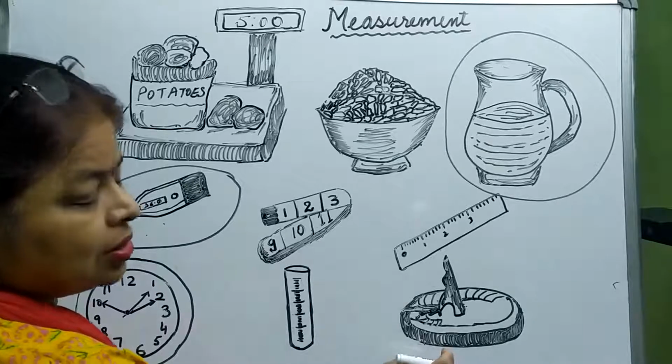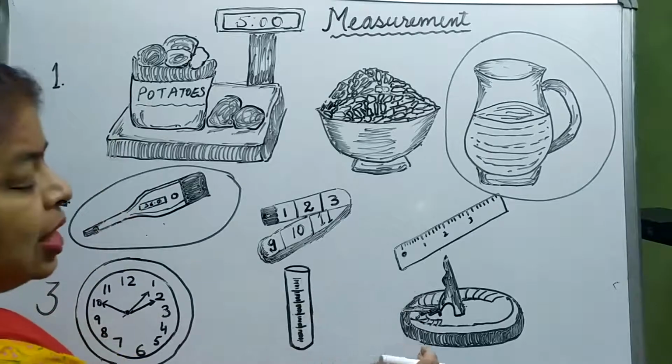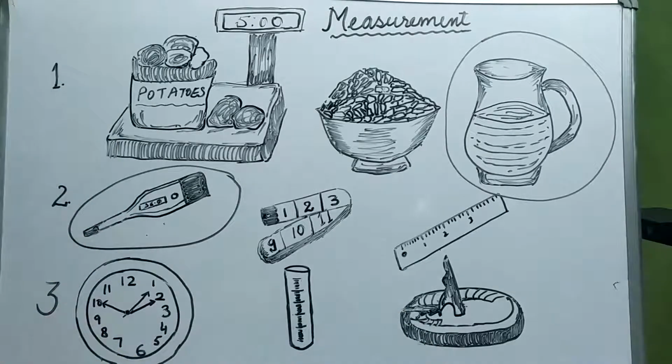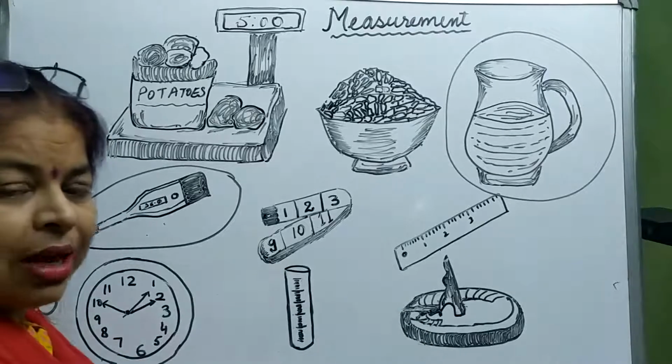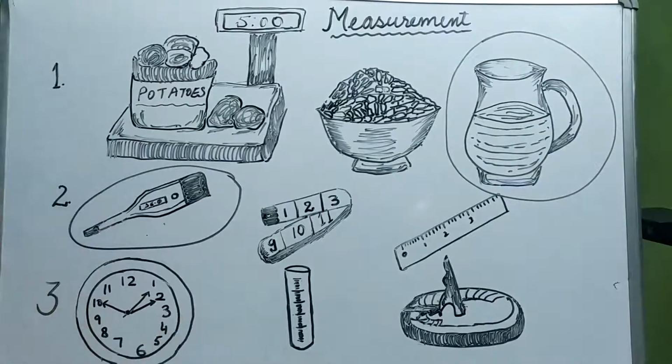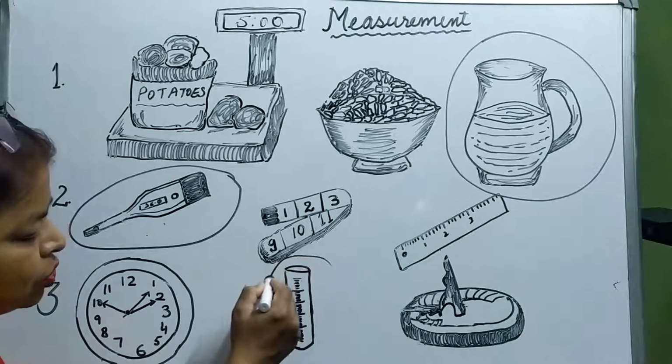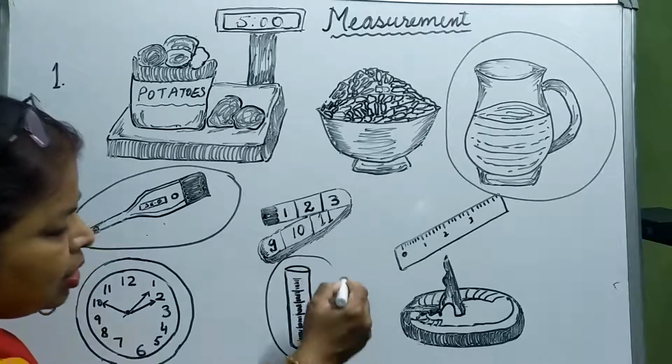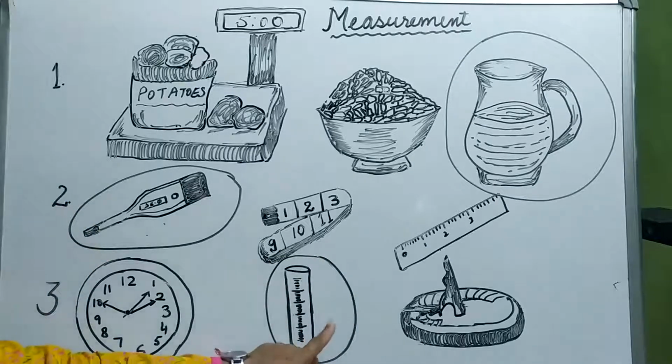What about this? This is the sundial, and it is used to find out the time span during the day. So out of them, which one is the odd one out? This test tube. Why? Because it is used to measure the volume of some liquid substance.